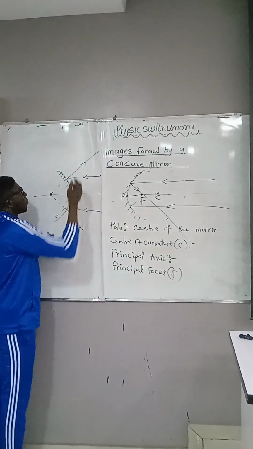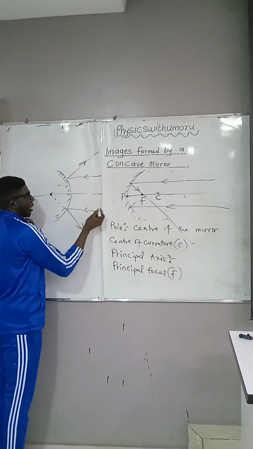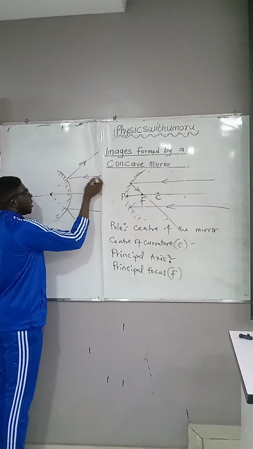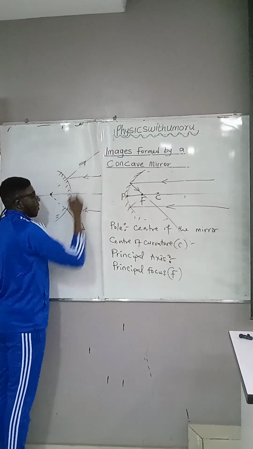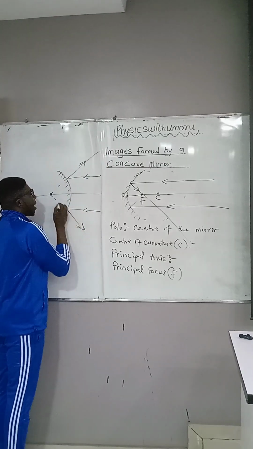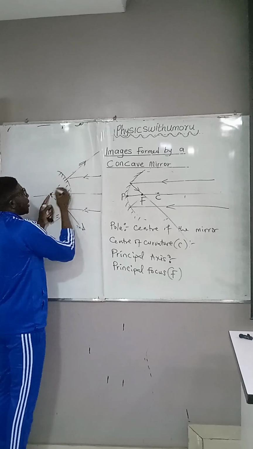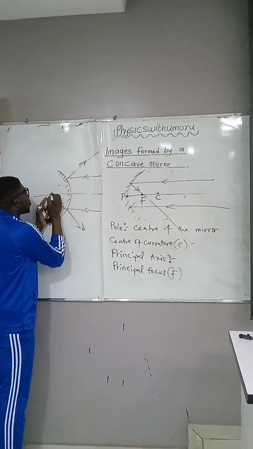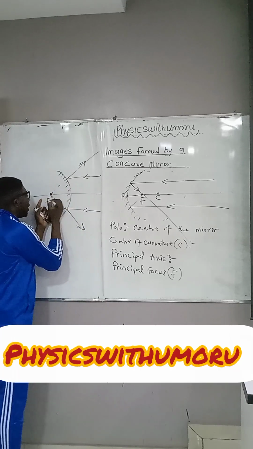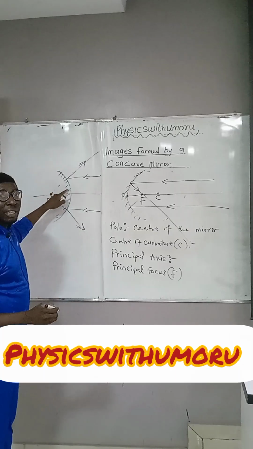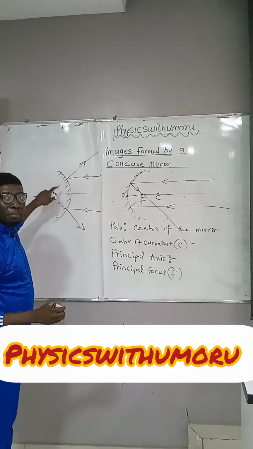All right? So these are the reflected rays, and these are the incident rays. So these rays diverge, but when you trace them backward, it appears as if they diverged from here. So this point here is what we call the principal focus of a diverging mirror.